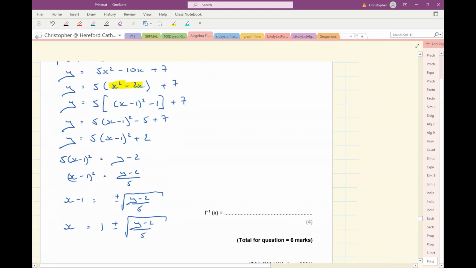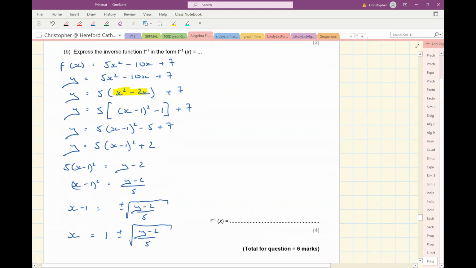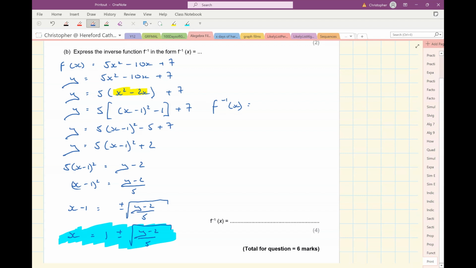So I think that the inverse function is going to be like this. Now I'm copying down the right-hand side of that, but instead of the y, I'm going to use an x. Now be careful.